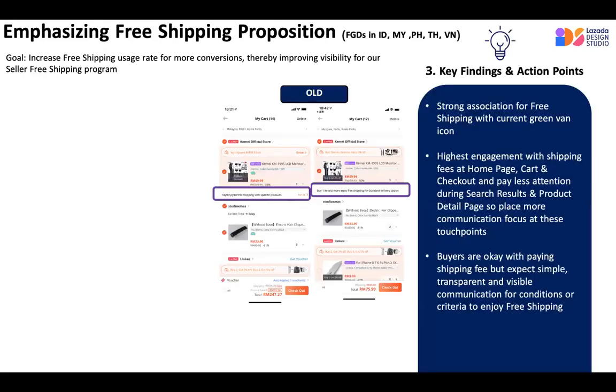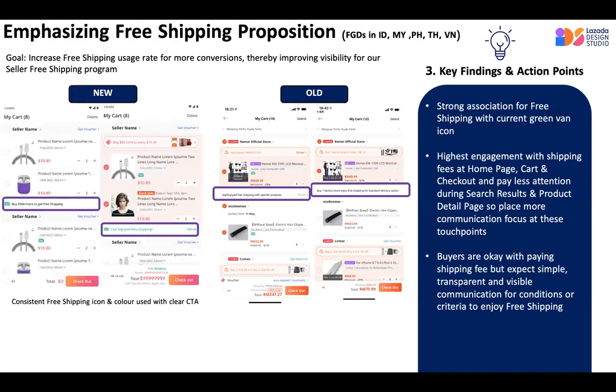So again, from the old, the key findings and generally the new, I'll just show you quickly. Here you see that the green truck was something which people were associating strongly with free shipping. But people had an issue that they did not find the conditions transparent, visible and clear.